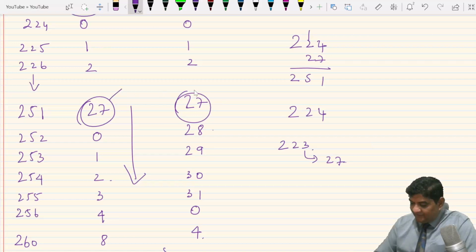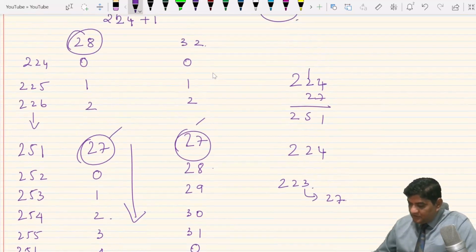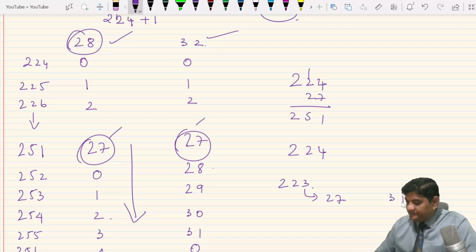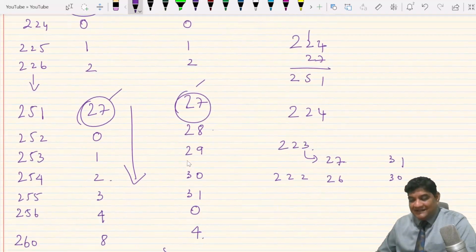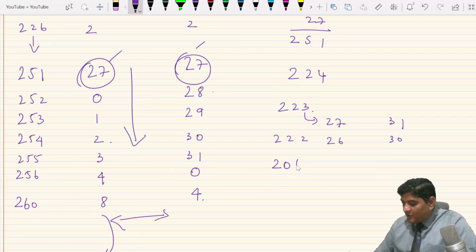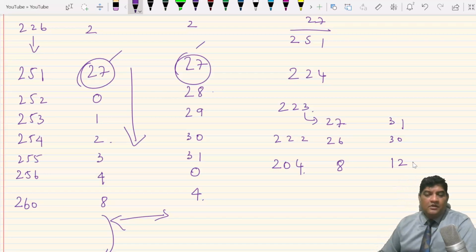When I say this and this, I basically mean the numbers to 28 and 32. So 27 and 31. If I go for 222, then the remainders are going to be 26 and 30. So if I keep going backwards like that, at 204, here the remainder is going to be 8, and here the remainder is going to be 12.